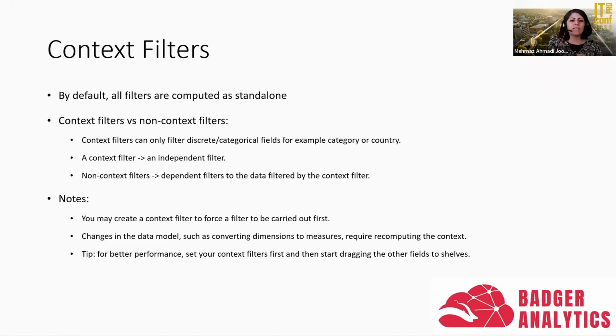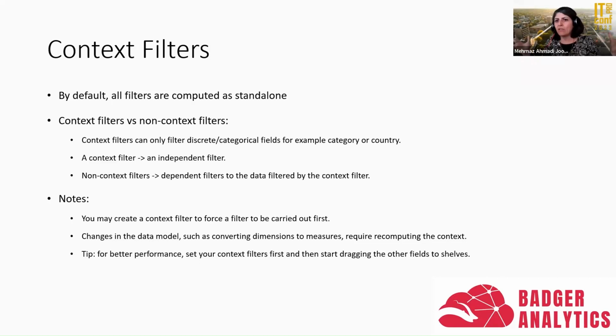Now, let's take a step back for a second and look at all the filters that we have in our dashboards and on sheets. By default, all filters are computed as standalone. So if I have state and region, they separately filter based on whatever the user chose.